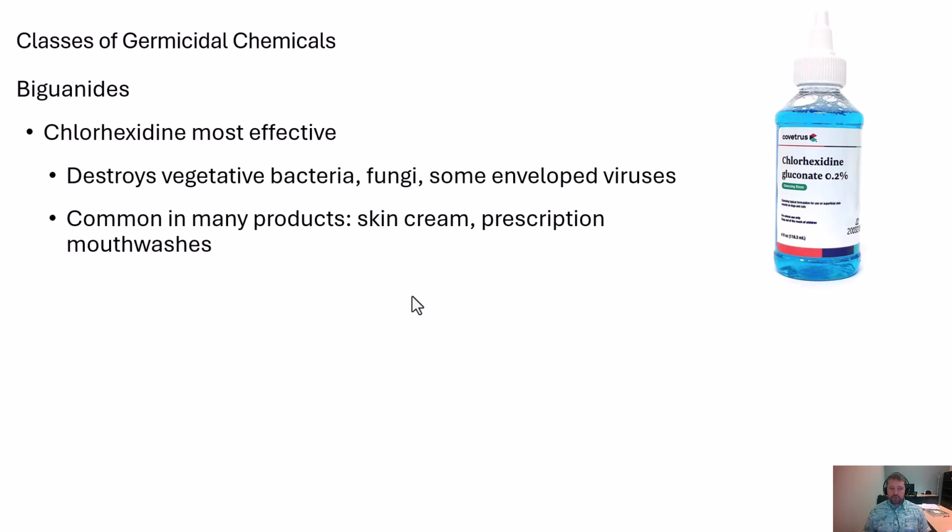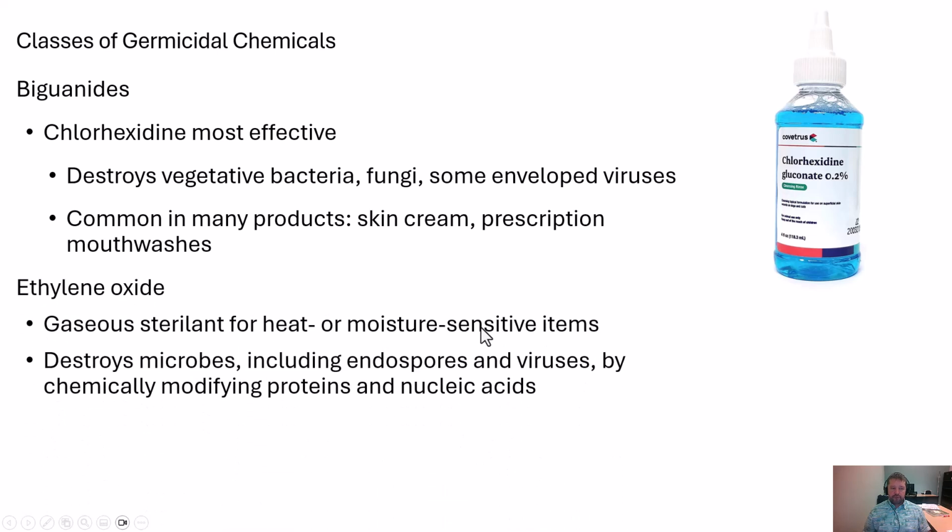Doesn't do a very good job at endospores, but from a mouth perspective, it's safe enough that you can use it on skin and humans, and for that matter, other animals. It can be used without damaging living tissue, and so very useful.